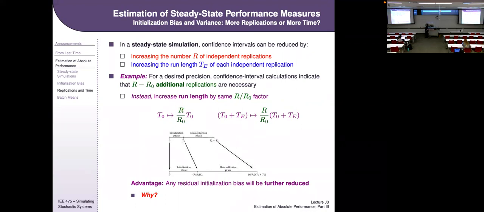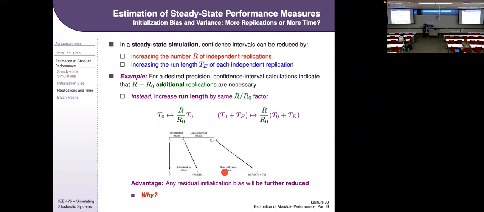Then what I'm going to do is create a ratio of the number of replications I'd like to the number of replications that I have. And I'm going to scale both my initialization period and my end time by that ratio. So my initialization phase is going to grow. My data collection phase is going to grow. And so each one of my simulations is going to grow by a certain amount of time.